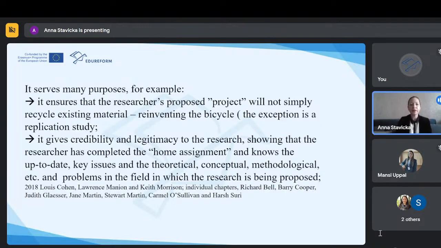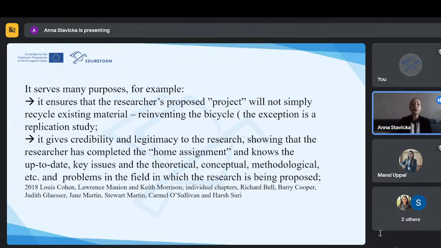Literature review serves many purposes. For example, it ensures that the researcher's proposed project will not simply recycle the existing material. Reinventing the bicycle is not necessary. The exception is a replication study.